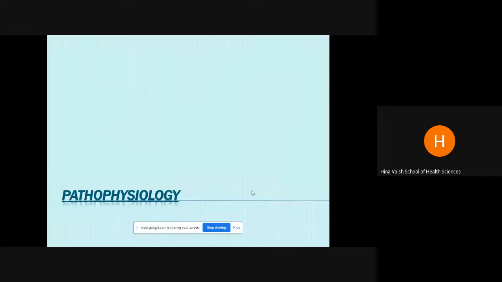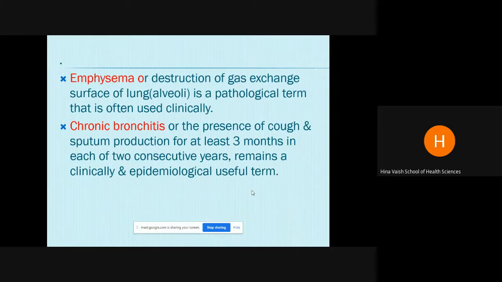So when we talk of the pathophysiology, physiology means what is normal in the body, and pathology means what abnormal changes are there. So before going on to the pathophysiology, let us talk about the definition of emphysema and chronic bronchitis, how you will define them. Emphysema is the destruction of the gas exchange surface of the alveoli.